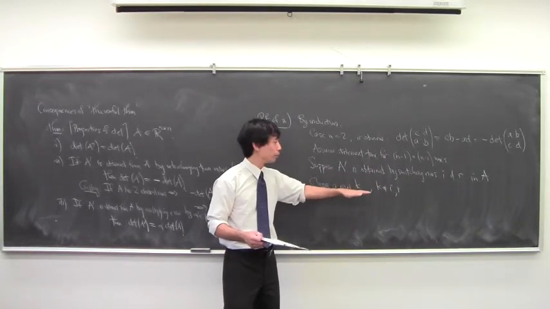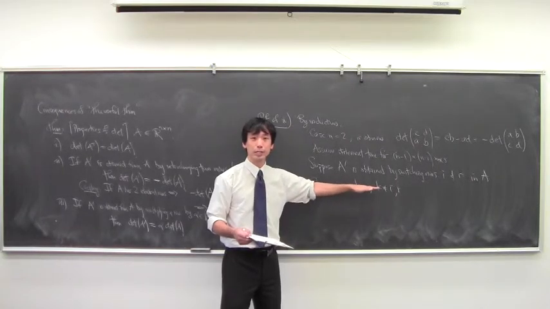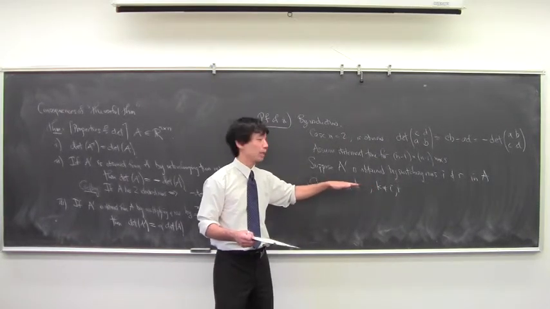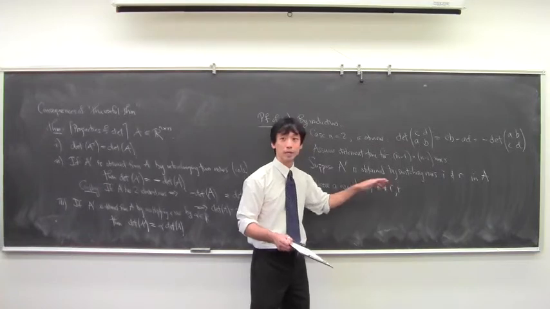So the kth row will be one of these unchanged rows, but the I and R rows are switched.